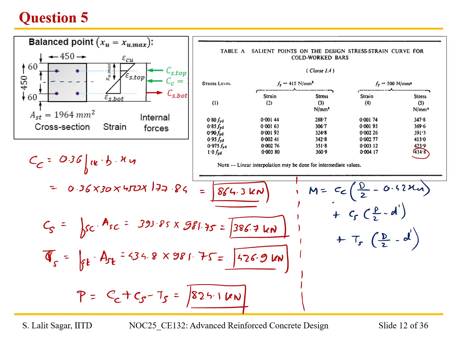So you can just substitute all the values. Here d by 2 is 225 mm, and d prime is 60 mm, right?